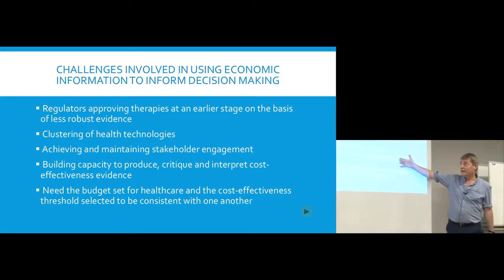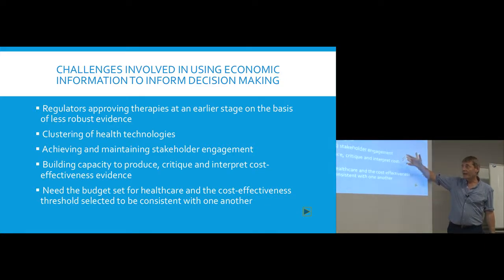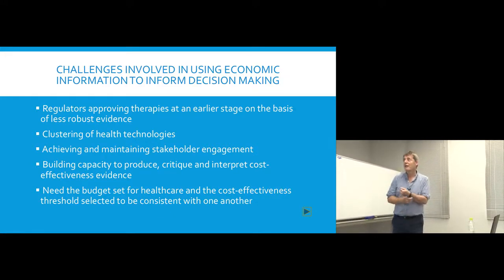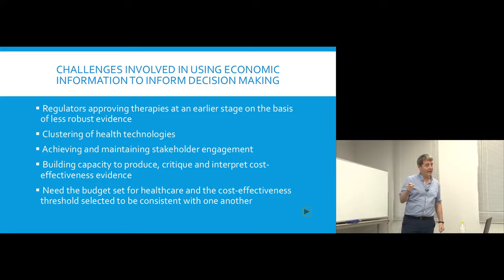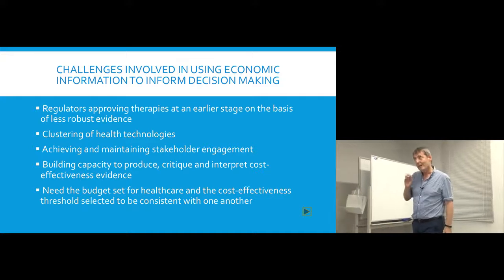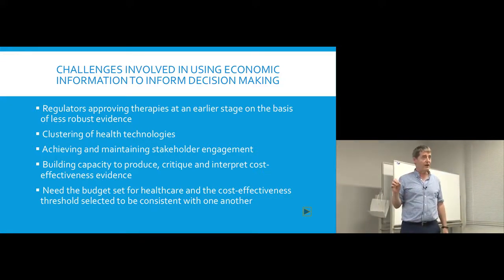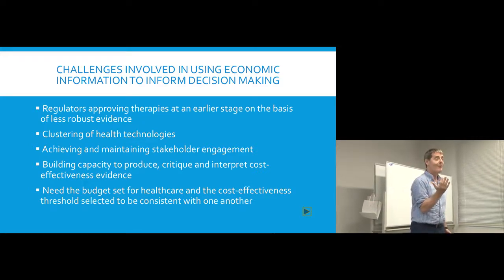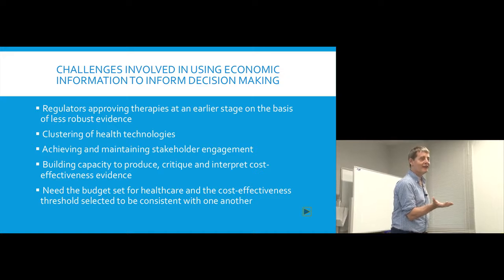Another challenge is introducing economic information to decision making. It requires a lot of capacity in the system. It requires capacity to produce economic evaluations. It requires capacity to critique economic evaluations. You have to critique them. You can't just take at face value somebody says this is cost effective.